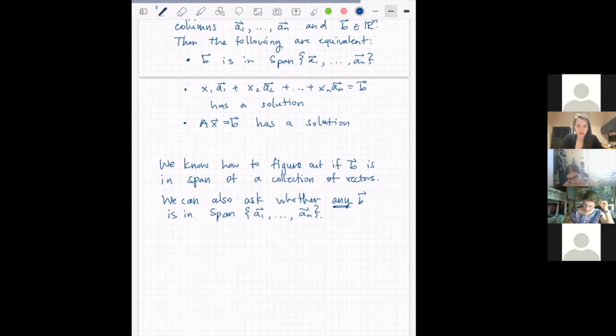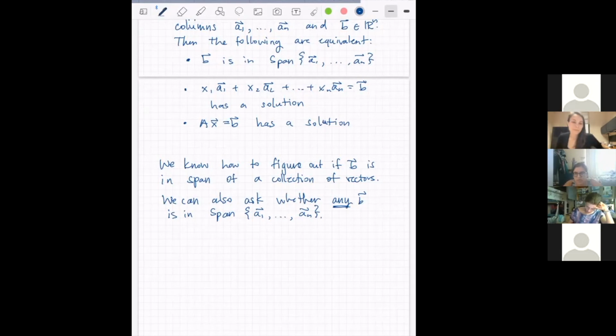Is this like part? Possibly. I'm not quite sure. Do you have the statement of that problem? Yeah, I think it was, are there any vectors that do not exist in span U comma V? Right, yeah, so that's a related question. Exactly. It's sort of like the inverse of that. Like, are there any that are not in there?